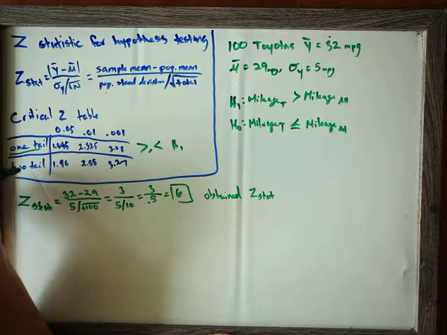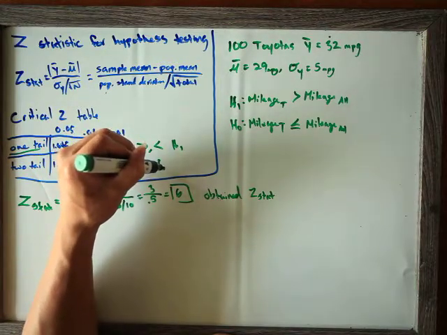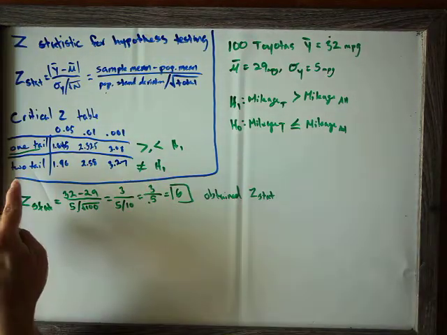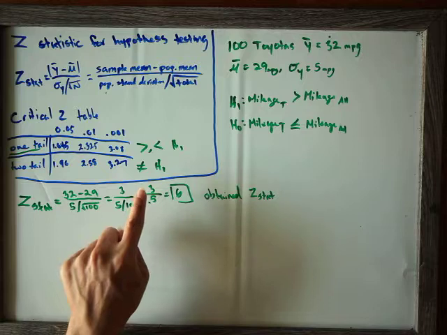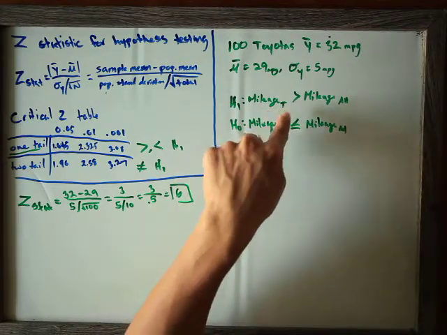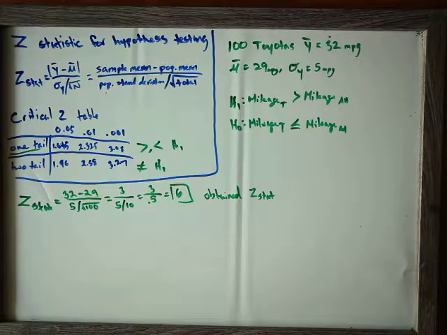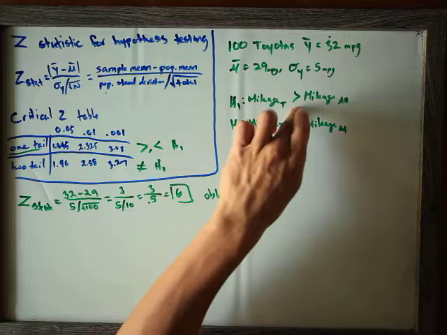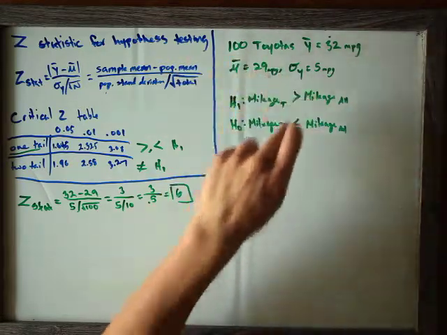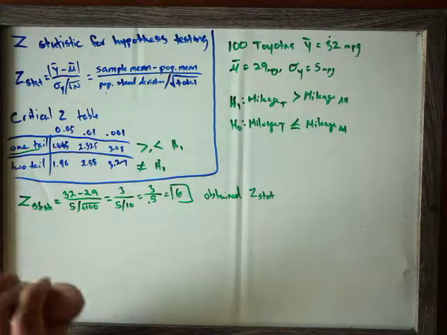Two-tailed tests have a not equal to sign. An example of a two-tailed test would be: the gas mileage of Toyotas is different than the average gas mileage of all cars. However, in this case, we're pretty sure that our Toyotas have a higher gas mileage than the rest of the cars, so we have a greater than sign, making it a one-tailed test.